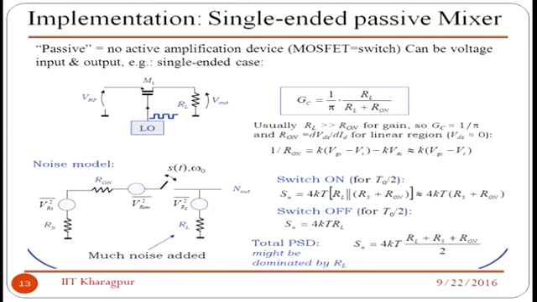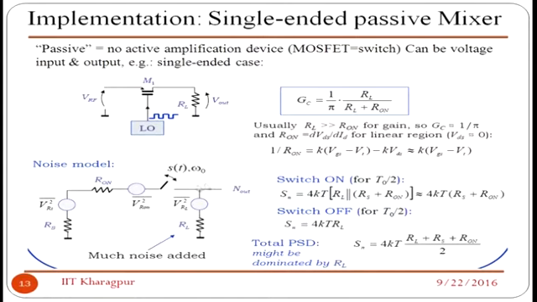If you look at the noise, I am giving a very simplified way to understand it very quickly. You have a source, which is your RF in, and that has a thermal noise, the average of the square voltage, 4kT RS. The on resistance of these transistors will also contribute noise, the average of V R on squared.